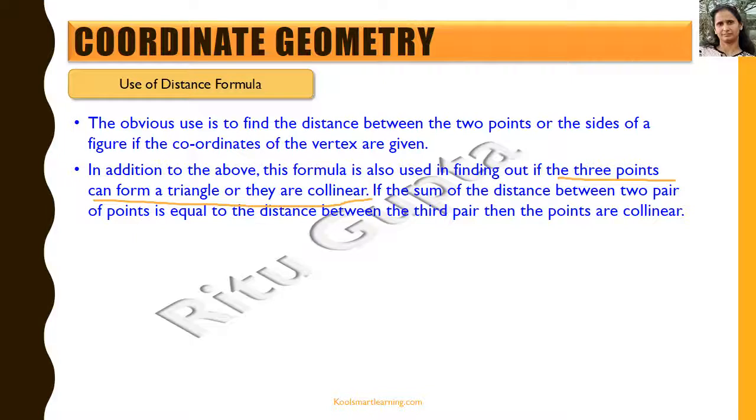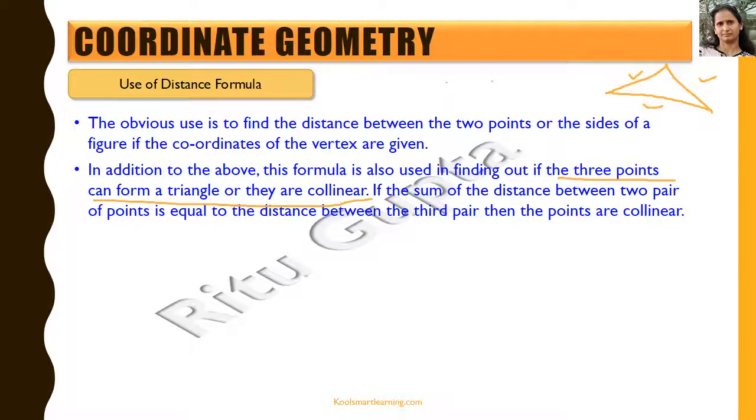Say for example we have these 3 points. Now if the sum of the distance between two pairs is equal to the distance between the third pair, then the points are collinear.